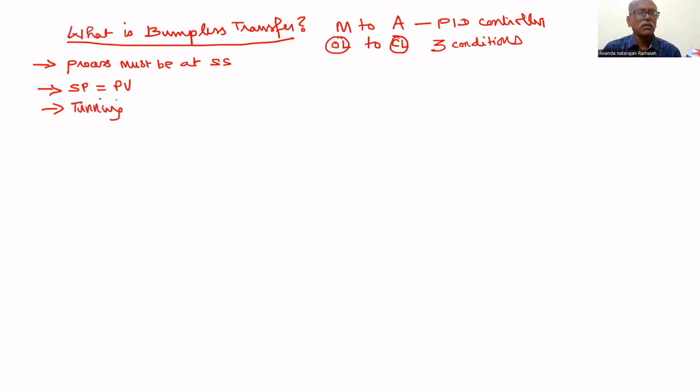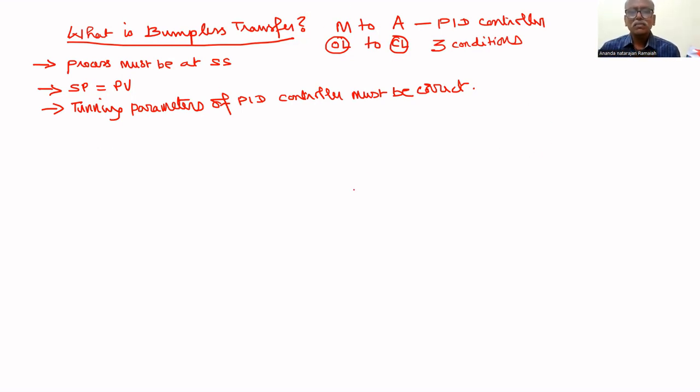Tuning parameters of the PID controller must be correct. So these are the three conditions we have to meet before doing the transfer from manual to auto.